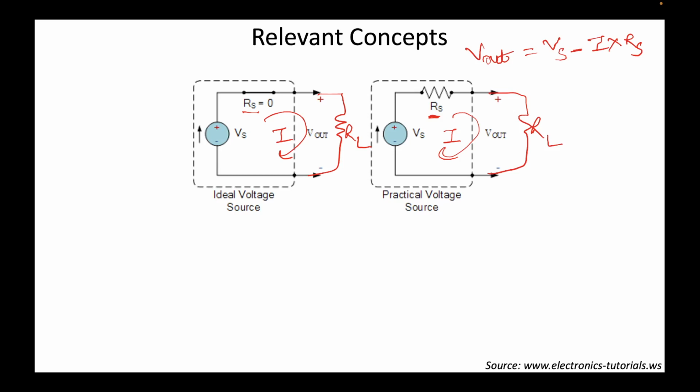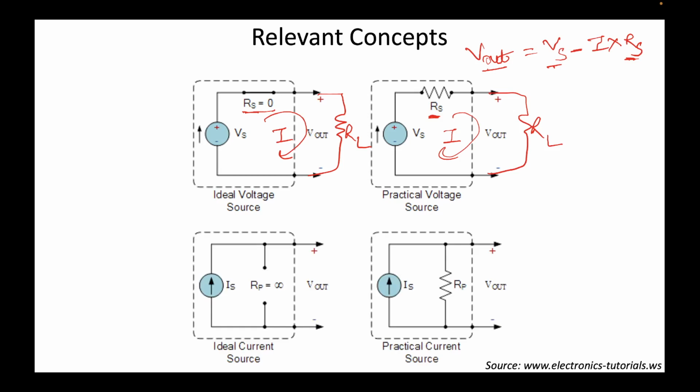In case of a practical voltage source, since Rs is a non-zero number, V out will always be smaller than Vs, which is not the case in an ideal voltage source, since Rs equal to 0, and if we put Rs equal to 0, V out will come equal to Vs. In other words, in a practical voltage source, some voltage is dropped inside the voltage source itself. Extending the same principle to current sources.